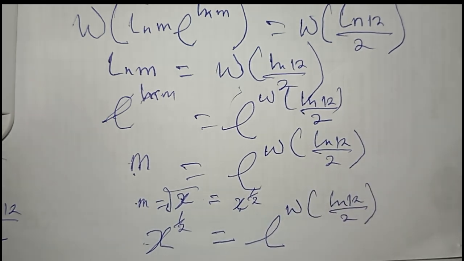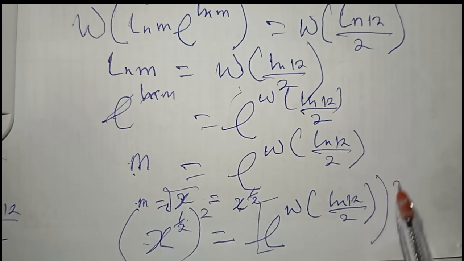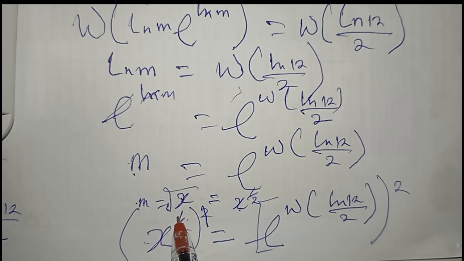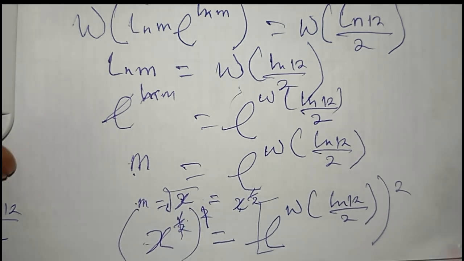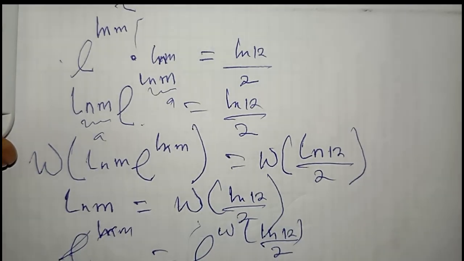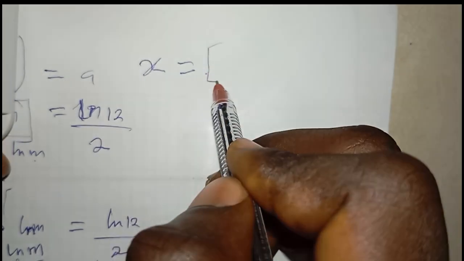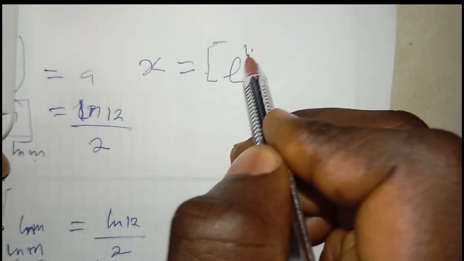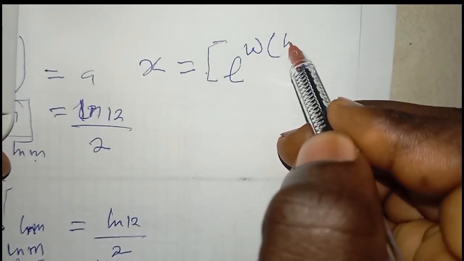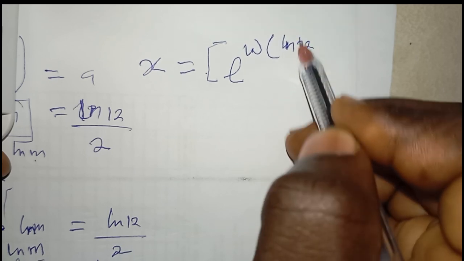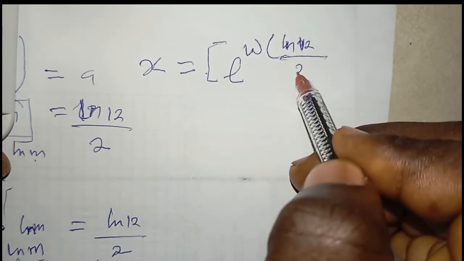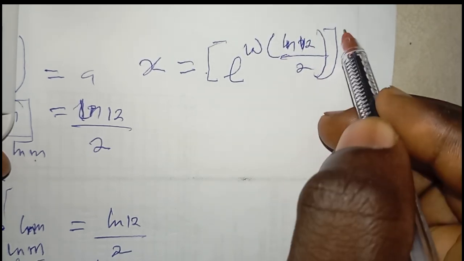Okay, so in order for me to eliminate this power half, I'm going to be taking the square of both sides. Okay, so that these 2 now cancels this half, and then x is equal to exponential Lambert W function of natural log of 12, then of course divided by 2, all squared.